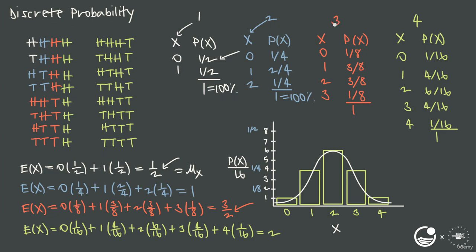Even though here with 3 coin flips, the discrete random variable can only take values of 0, 1, 2, or 3, this expected value formula, this idea, shows us that we can still calculate a mean even for a discrete variable, where that mean ends up being a value in between the values that the variable can actually assume. So even though here we can only find values of 0, 1, 2, or 3, the mean is 3/2. The mean is 1.5, not any of these values at all.